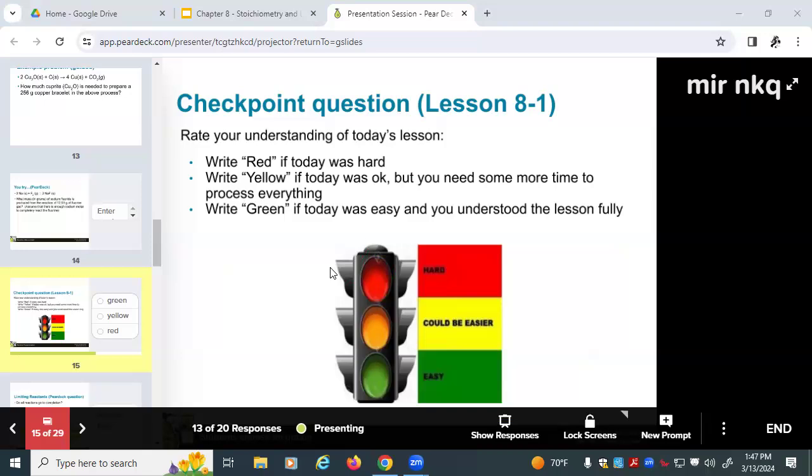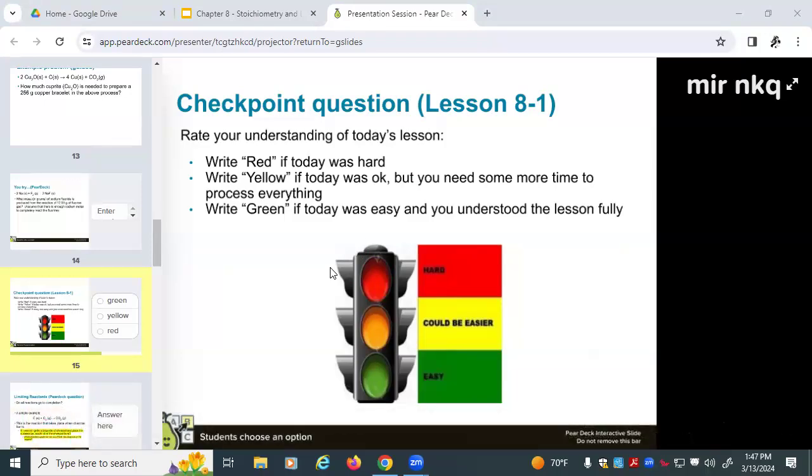Okay, so on Friday, we're going to be moving on into the next kind of piece of this. And the next piece of this is where we start to look at predicting product. So if I have this reactant and this reactant, how much product is it going to give us?